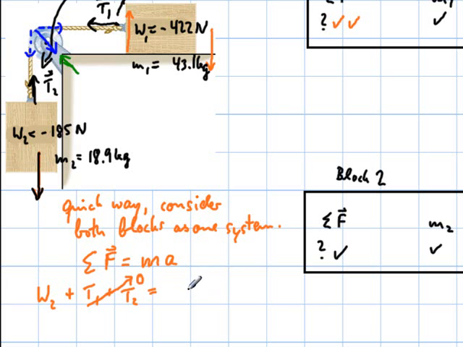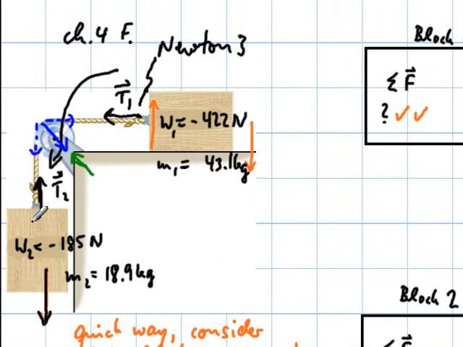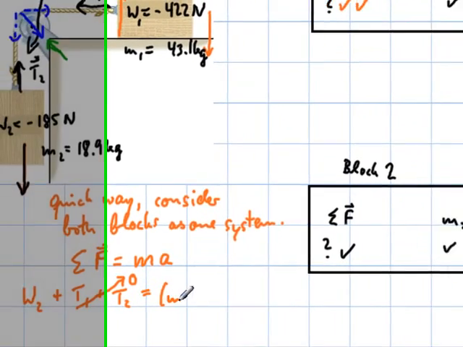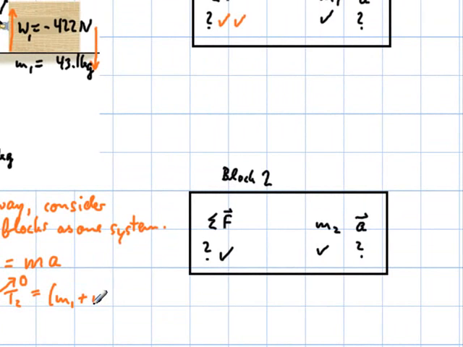And on the right hand side I have, well, what mass is accelerated? Well, both masses are accelerated because they're connected. So it's going to be m1 plus m2 times acceleration.